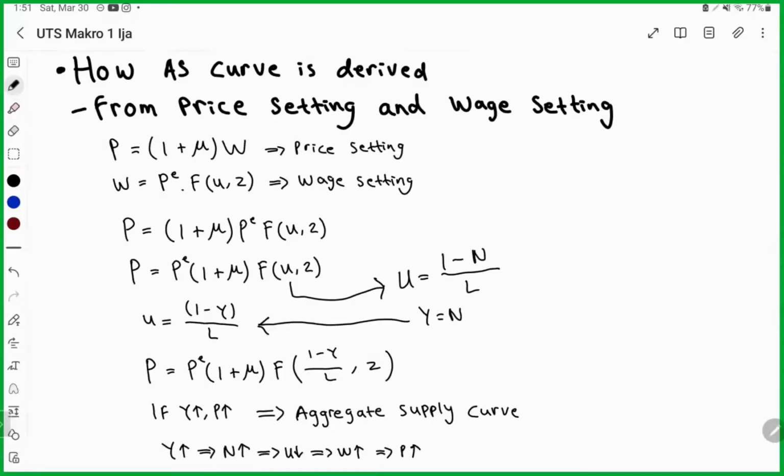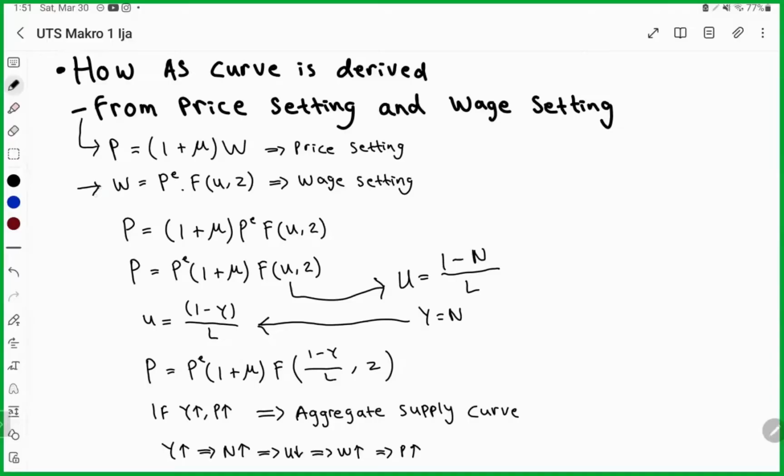If you want to derive the AS curve, you should know that it is derived from the price setting and wage setting. After you know that, you could just write down the price setting equation and then the wage setting equation.